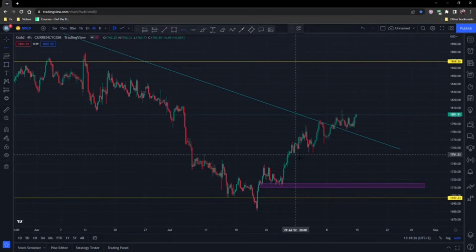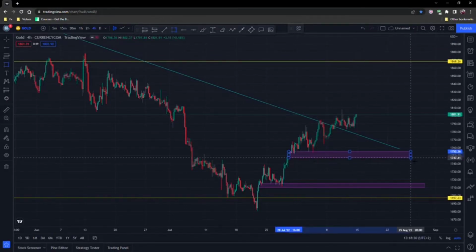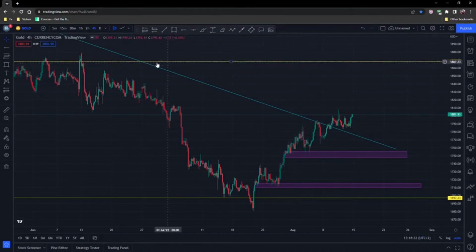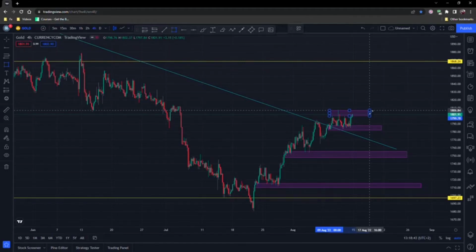Looking at that, this area as well is a nice support area, right? And then now we are looking at this area here as a nice support area, because now you can see that the market did gain momentum, but you can see that this also as well is a nice resistance area.